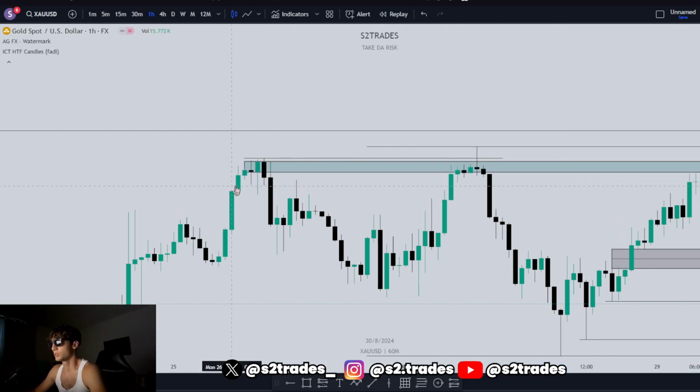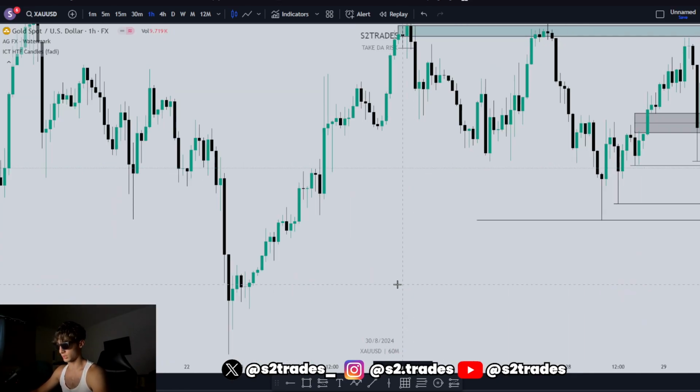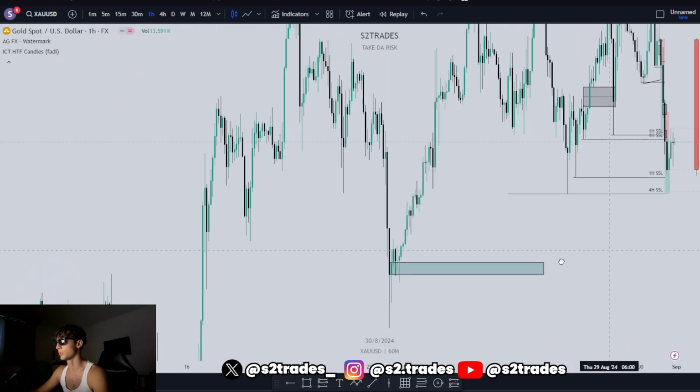After this candle, price moved really downwards, so it broke structure, right? That's a market structure shift. It shifts the structure. That would be an order block. This would be an order block. That's an order block.